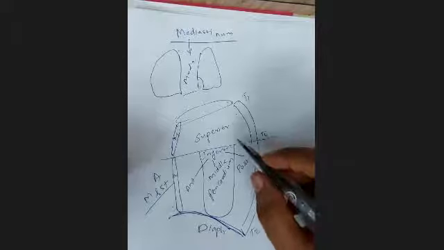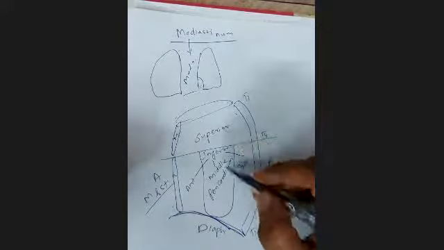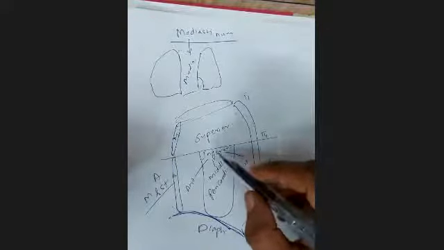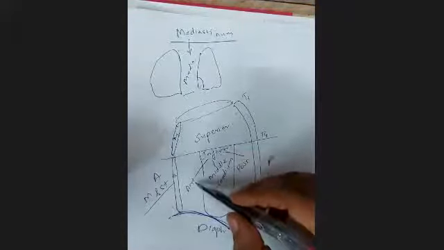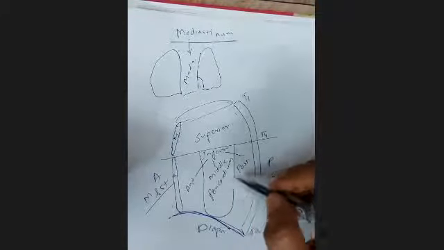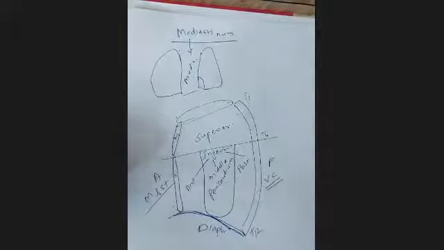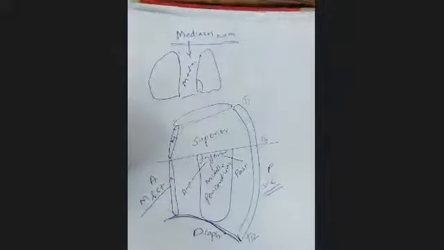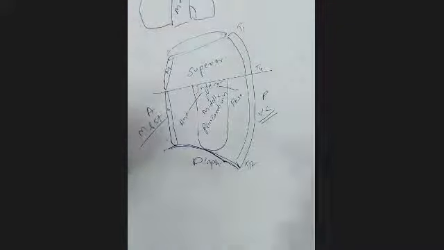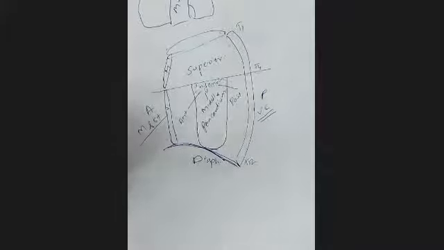So mediastinum is divided into superior and inferior mediastinum, and inferior mediastinum is further divided into anterior, middle, and posterior mediastinum. Now, firstly, let us start understanding how the structures are located in the thorax, and then we will talk about the various structures.